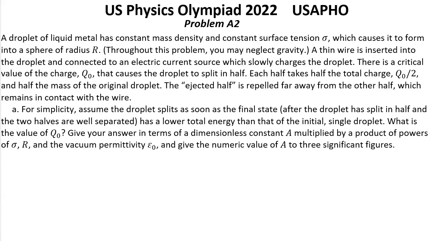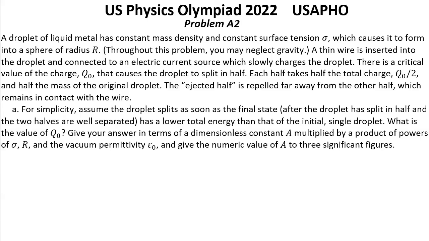What is the value for Q0? Give your answer in terms of any dimensionless constant A multiplied by a product of powers of sigma, r, and the vacuum permittivity epsilon 0, and give the numeric value of A to 3 significant figures.